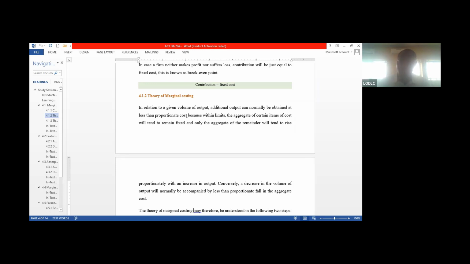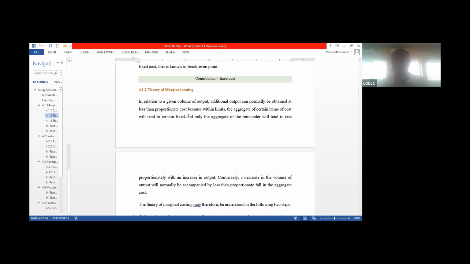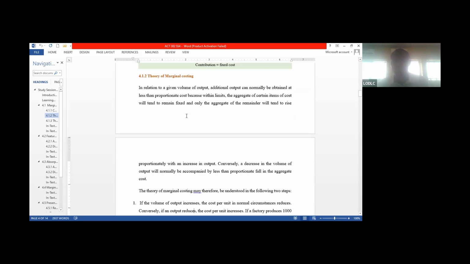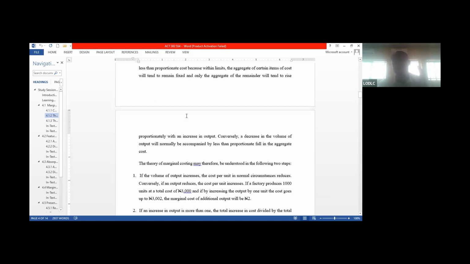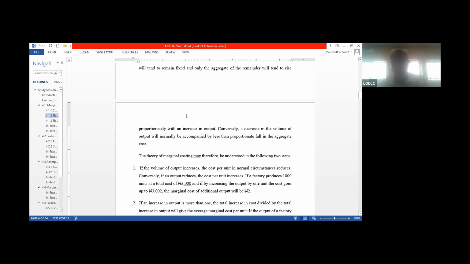As output decreases, the cost will also be what? Decreases. So that is what the theory is talking about. And the theory gives us two major steps here. If the volume of the output increases, the cost per unit in normal circumstances reduces. Conversely, if an output reduces, the cost per unit increases.